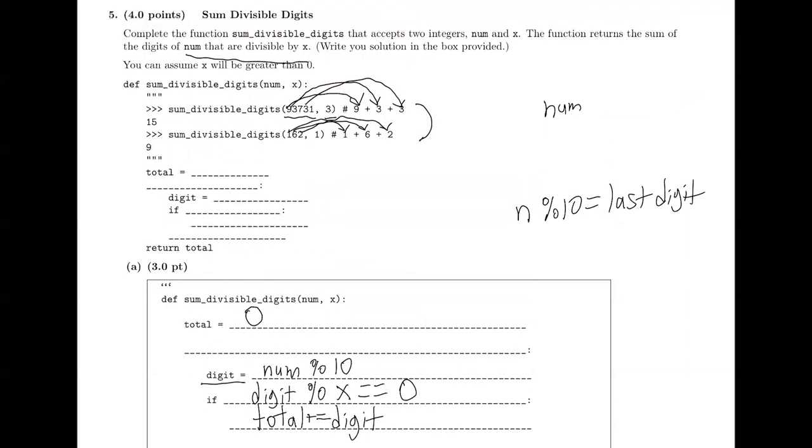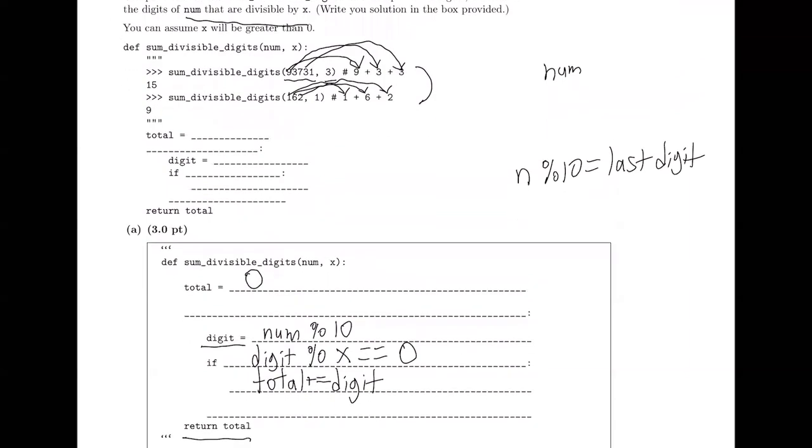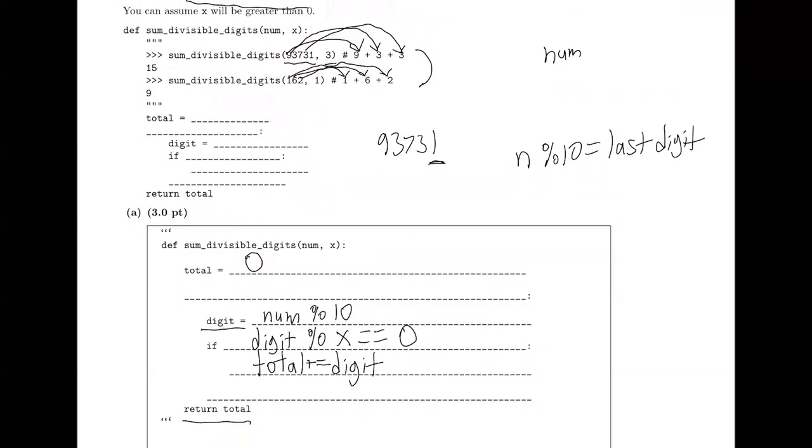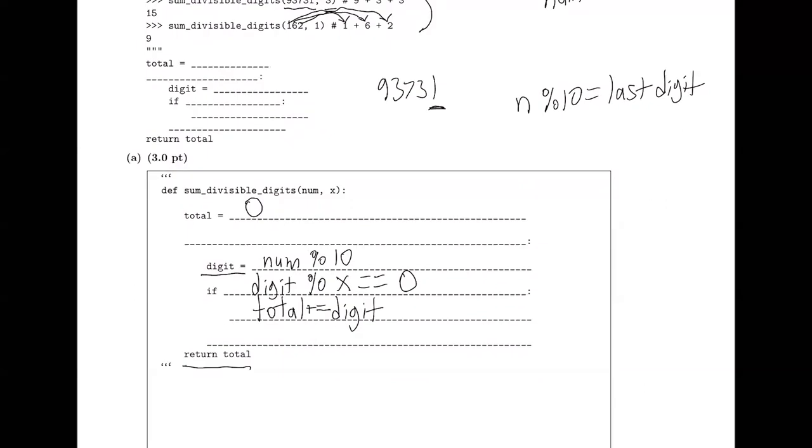Now, in this next line, looking at num, if our example was 93,731, and we just took a look at 1, we don't want to look at that digit 1 anymore. We want to somehow get rid of it. If you recall, when we do a number, I'm just going to say that it's n again, floor div 10, we will get everything but the last digit.